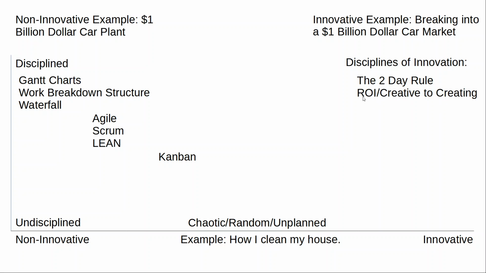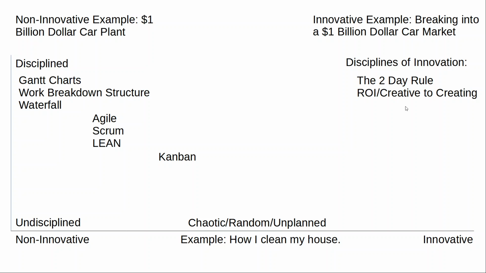So here's another example of a discipline for innovation. And I just kind of loosely call it ROI/creative to creating. So if you are developing something new innovatively, there needs to be a pipeline of new things that get converted from newness to being actually useful in the real world.